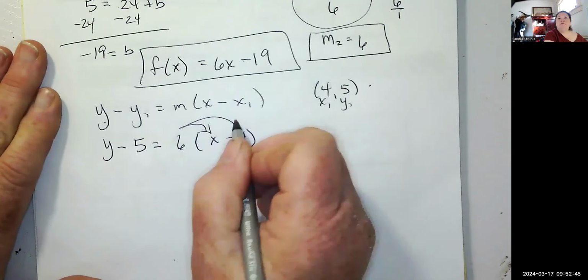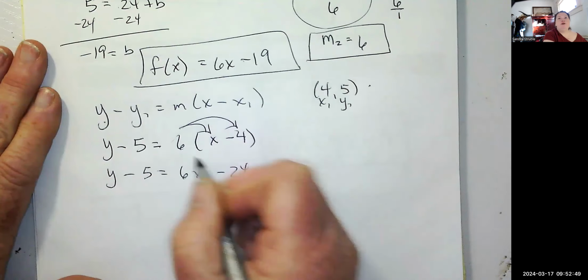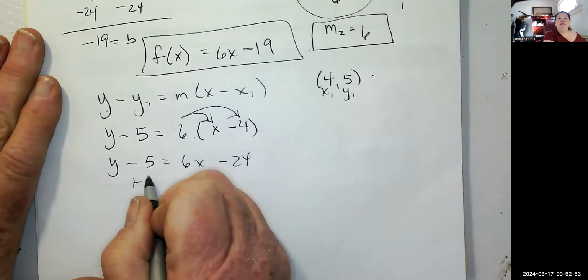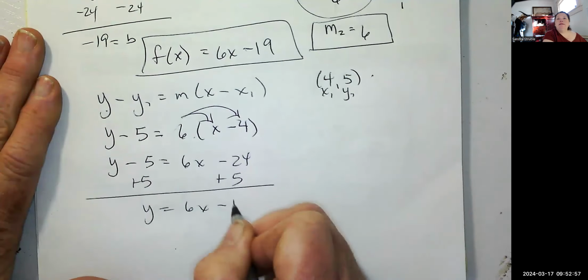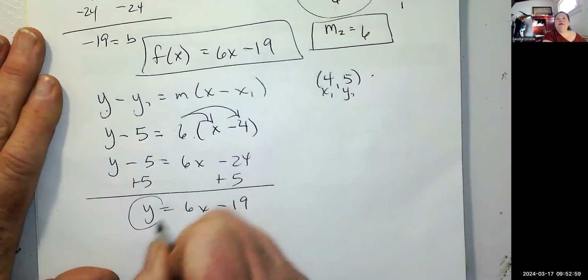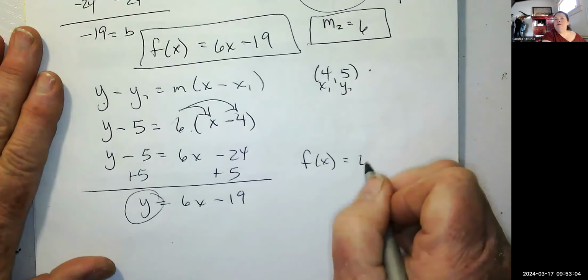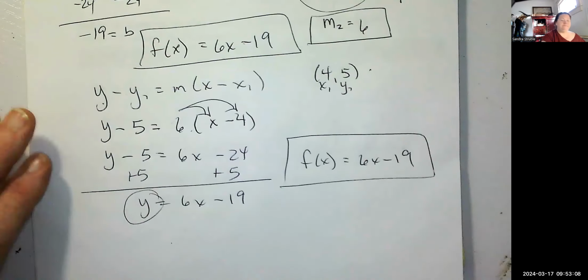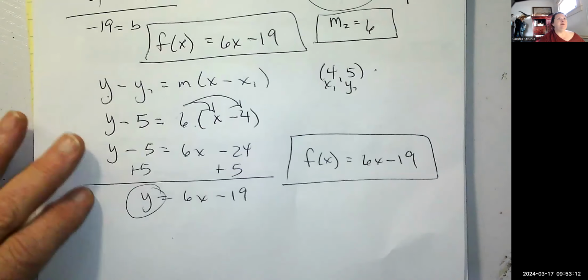Distribute your 6. y minus 5 is equal to 6x minus 24. Don't forget to distribute to that -4, and then add 5 to both sides. y equals 6x minus 19. Just make sure to change the y to an f of x or any kind of function name. 6x minus 19. And that's it. Either one works. That is 4.1. I'll see you on 4.2. Let me know what questions you have.